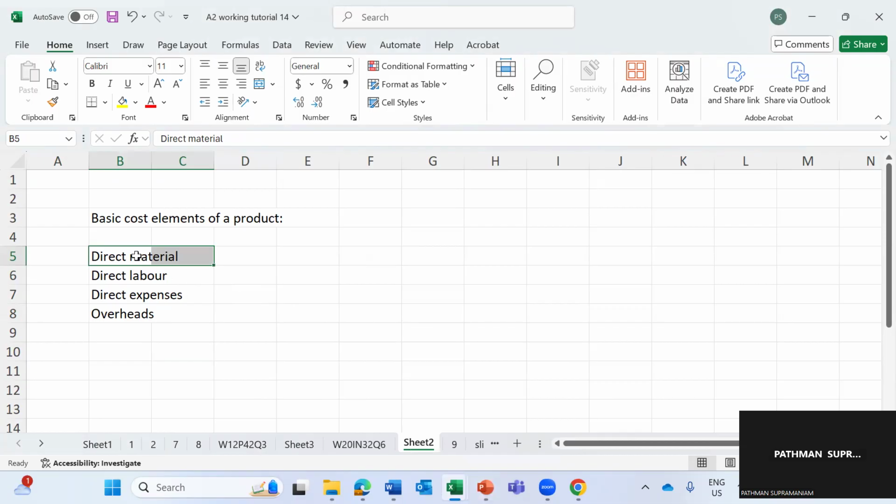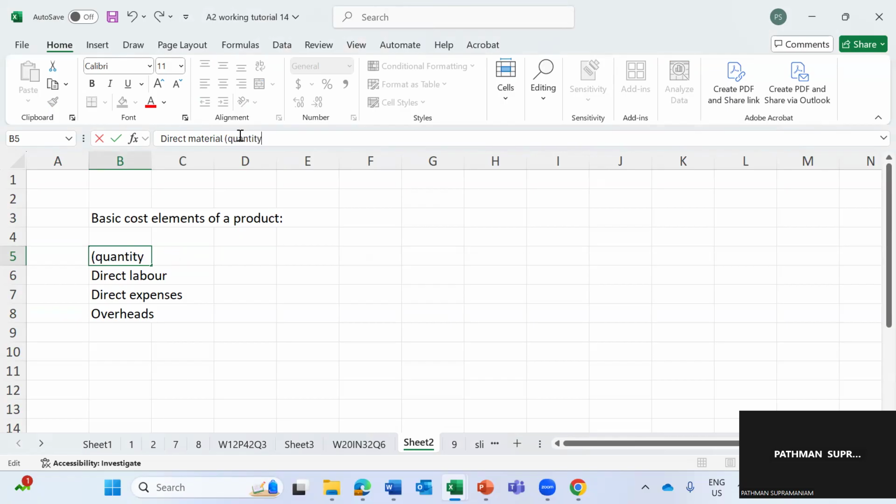Okay, here's the idea. So direct material costs consist of units as in kg. See, direct material can be expressed in many ways. You can express it in terms of kilogram, in terms of gram, in terms of liter. So all that quantity, so I'll refer to them as quantity.